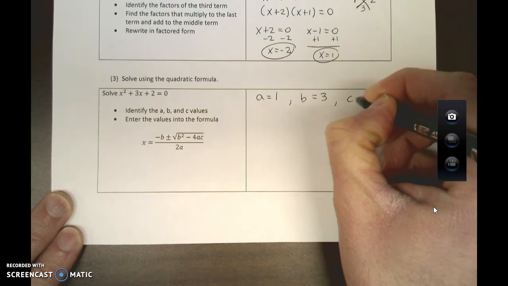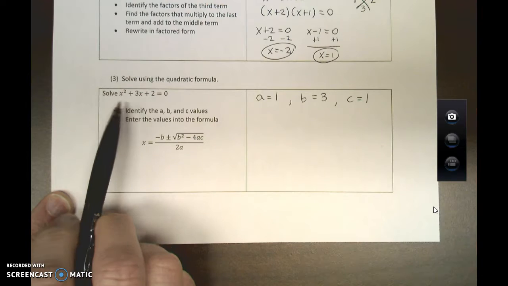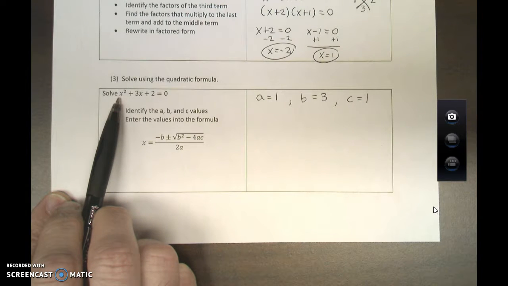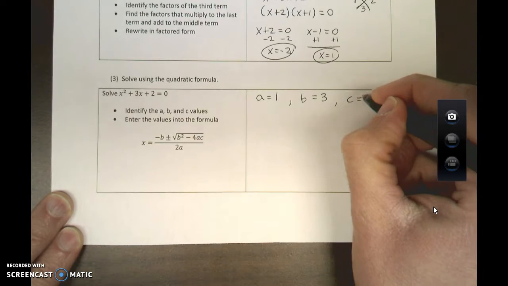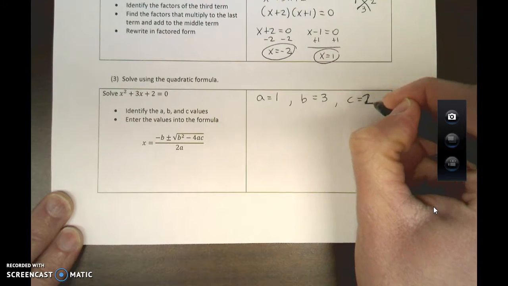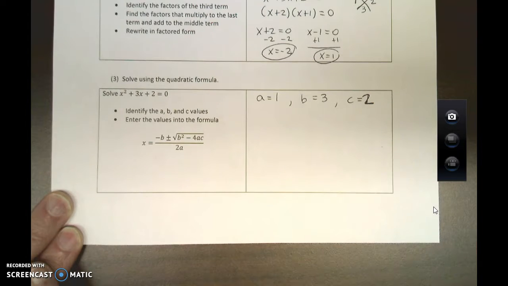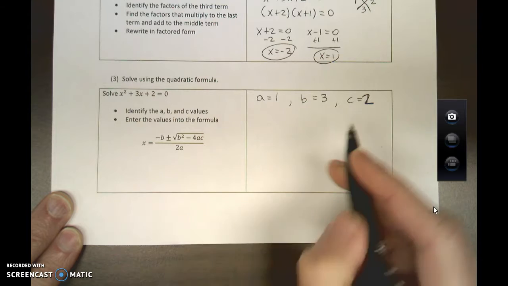So in this problem, my a value is 1, because the coefficient of x squared is 1. My b value is 3, and my c value is 2. I mistakenly wrote a 1 there, so make sure you change that to a 2 for the c value. So now I'm just going to plug these into the formula.